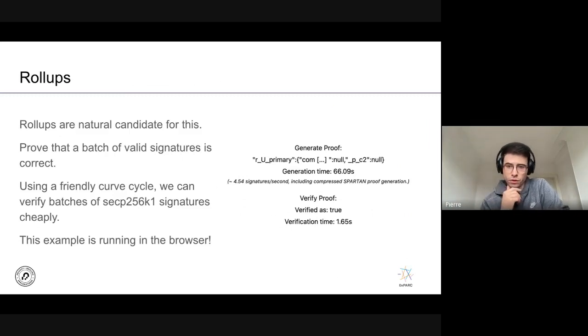Here, for instance, on the right, you have a Nova proof running in the browser, aggregating signatures, and it's aggregating like 4 secp256k1 signatures per second in my browser. So it's very, very interesting in terms of speed, and yeah, it's pretty exciting as well.